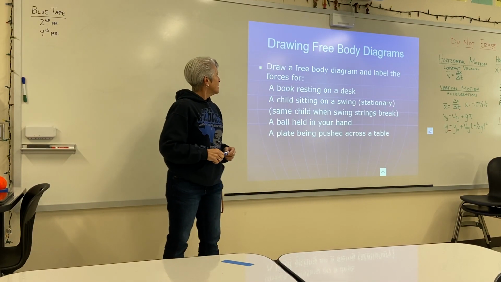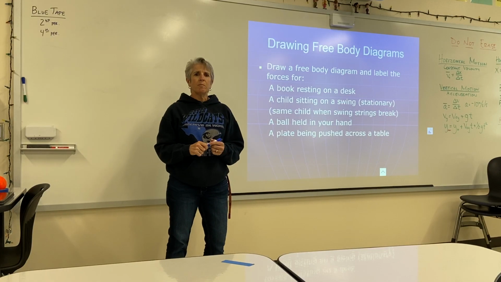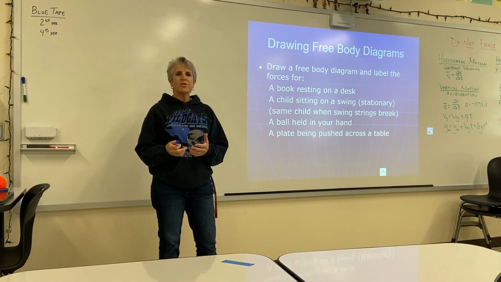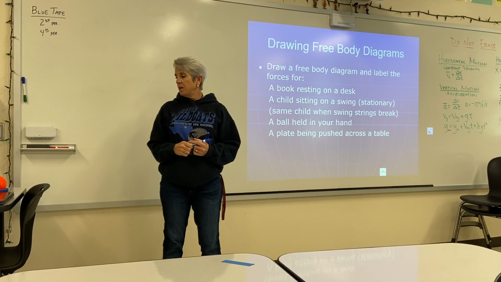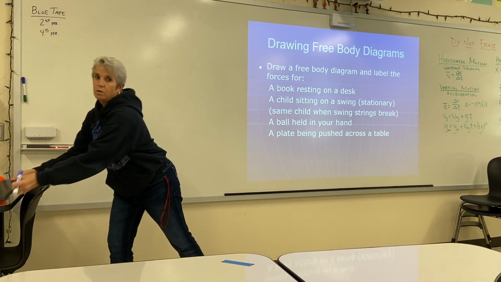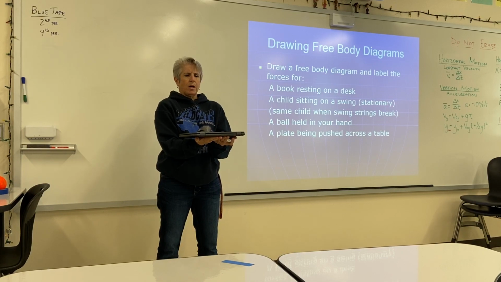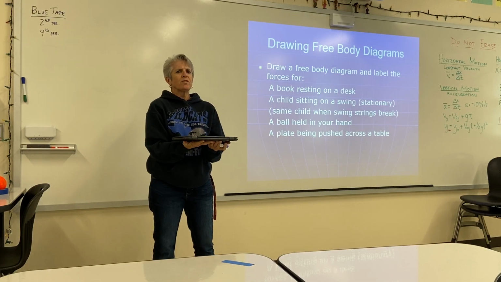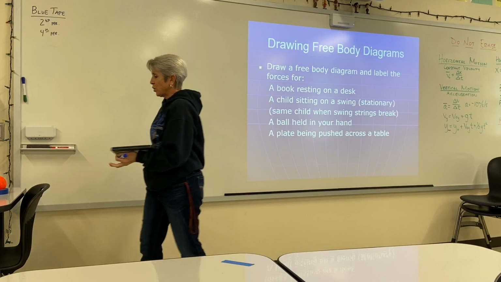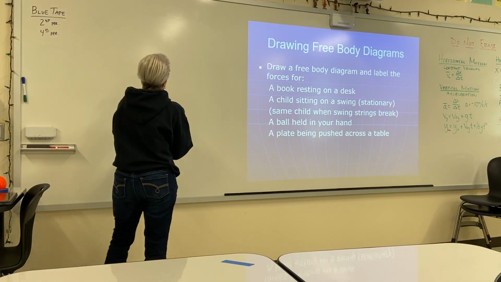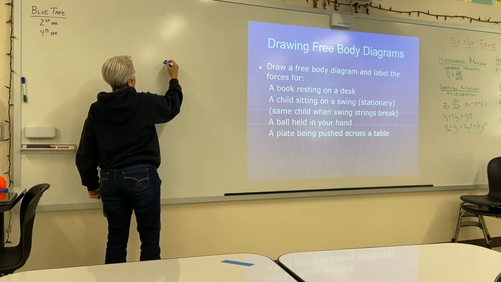So let's try it. Let's draw a free body diagram for a book that's resting on a desk. If I took this Chromebook and had it resting in my hands, I would certainly first want to replace the book with a dot. So I would say, okay, here is my book.